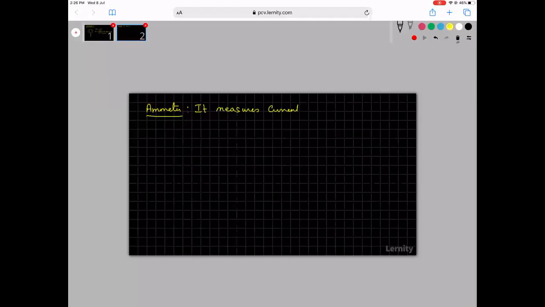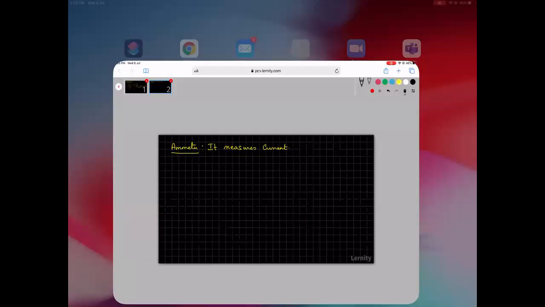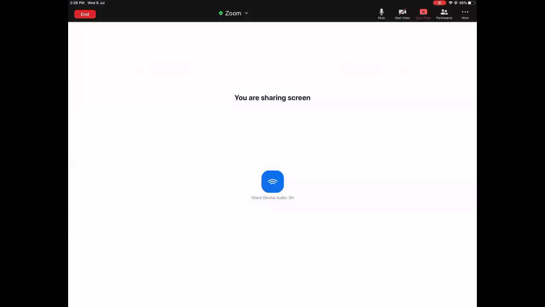Since it is a device that measures current, it is connected in series.